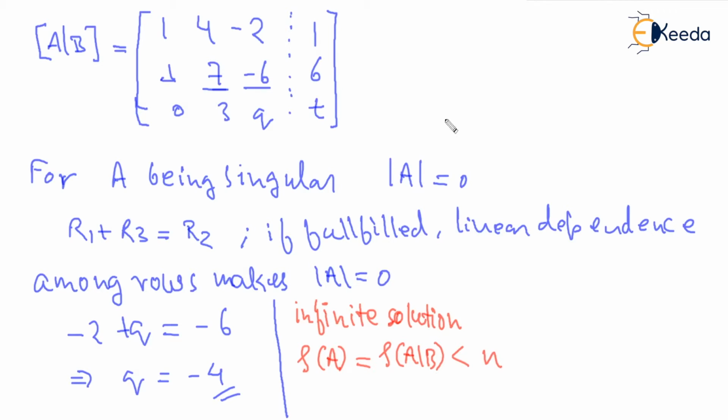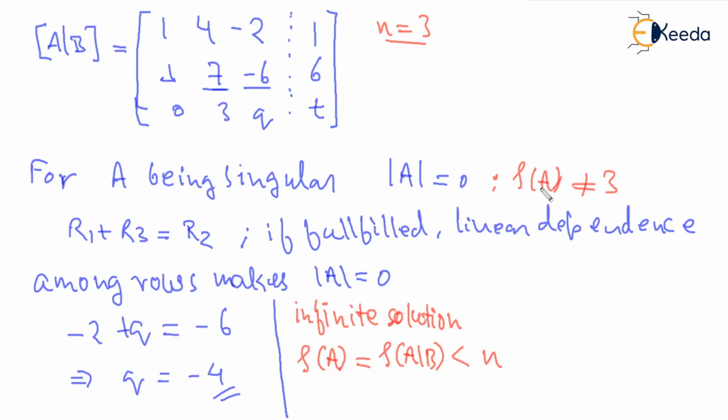What is n here? n, the number of unknowns, 1, 2, 3, is actually 3. Now that the determinant of A is 0, definitely rank of A is not equal to 3, right?